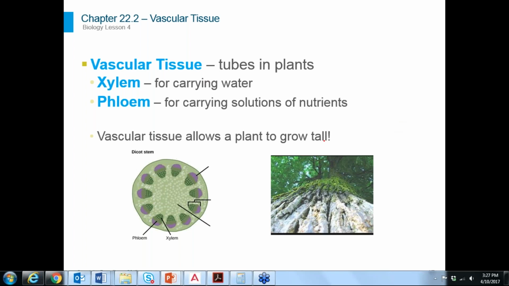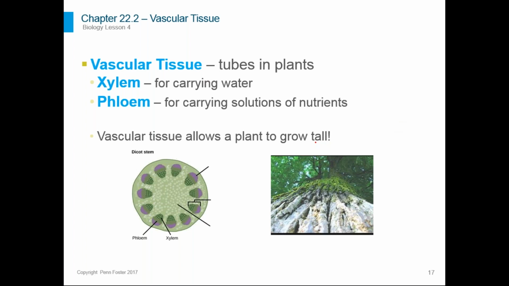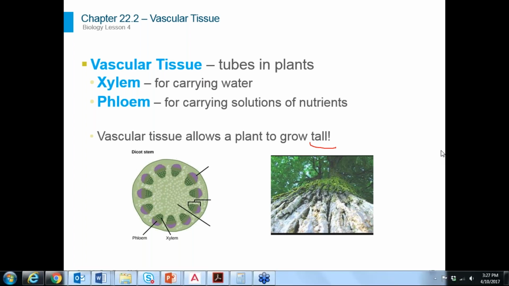And vascular tissue allows plants to grow tall. Okay, so trees can grow very tall because they have xylem and phloem to move everything around, as opposed to the mosses.